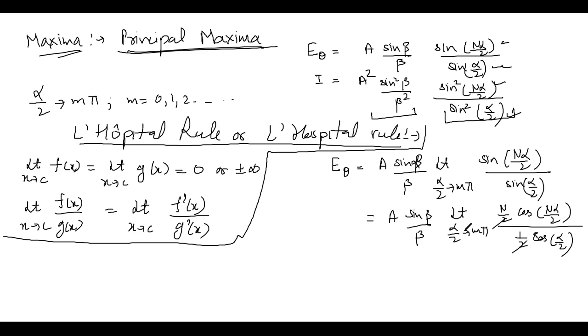1 by 2 cancels with 1 by 2. Now, if you plug in the value of alpha by 2 to be m pi, n is the constant, you can take it out here. Cos n alpha by 2. If alpha by 2 is m pi, this is going to be some multiple of pi.